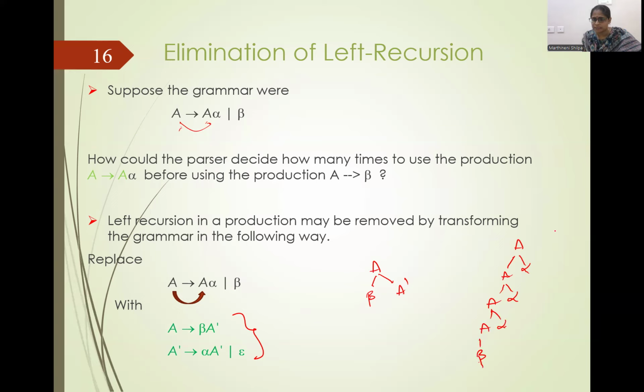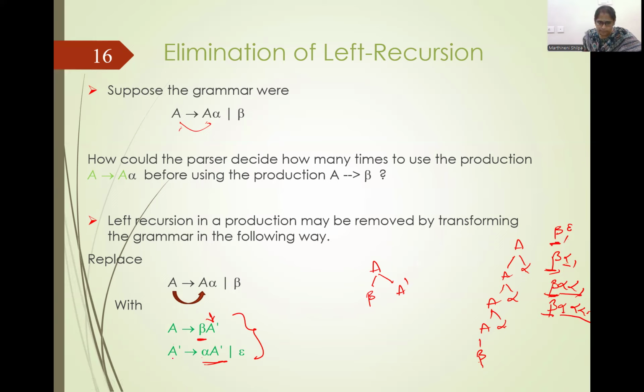That means the set of strings generated by this grammar is beta, beta alpha, beta alpha alpha, and so on. Initially, all the input strings are going to start with beta only, so the production starts with beta and the new non-terminal A dash. A dash is going to derive alpha A dash. Alpha A dash means the remaining terminals after beta: here it is epsilon, in the second string it is alpha, then alpha alpha, and so on, any number of alpha terminals.